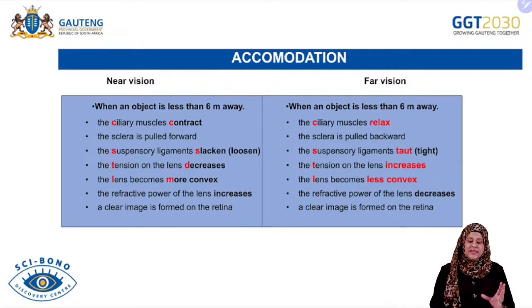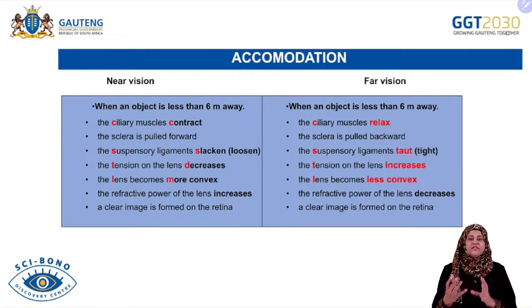The suspensory ligaments slacken, or you could say loosen, and tension on the lens decreases. The lens becomes more convex. So I'm going to show you the next slide where we're going to see a diagram on how this works. The lens becomes more convex and the refractive power of the lens increases and we get a clear image on the retina, which is the screen at the back of our eyes.